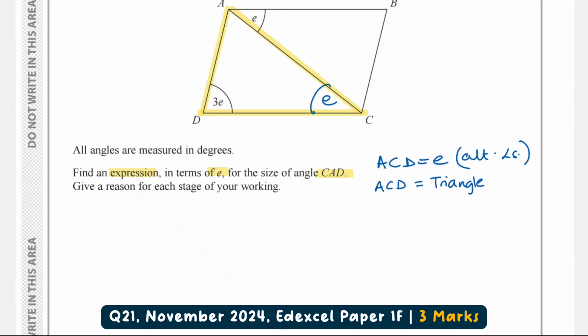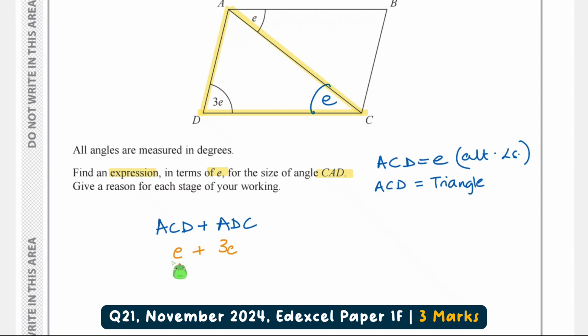So we're going to start by adding angle ACD, and then I'm going to add angle ADC. ACD is E, which is this one here, and I'm going to add angle ADC, which is this one here. So that's 3E.